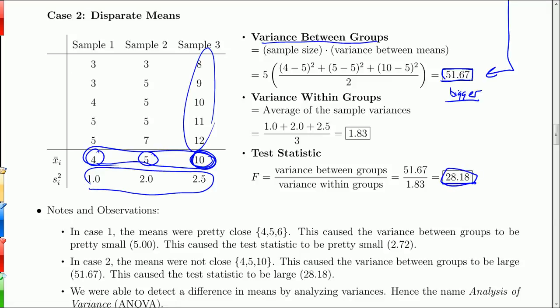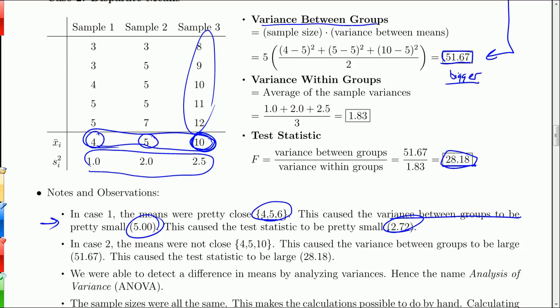Some observations. In case 1, the means were pretty close, and this caused the variance between groups to be small at 5. And that caused the test statistic to be fairly small at 2.72. In case 2, the means were not close, 4, 5, and 10.